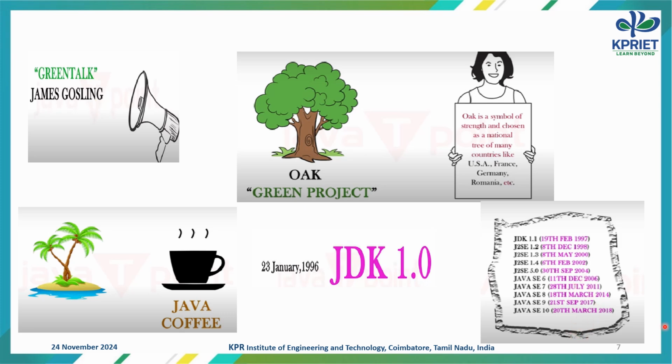After the first release of Java, many additional features have been added to the language. Java releases two versions yearly. Even versions are released in March, and odd versions are released in September. Likewise, they release their JDK versions.